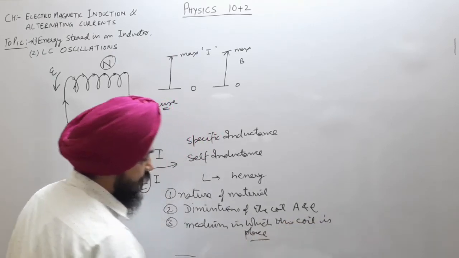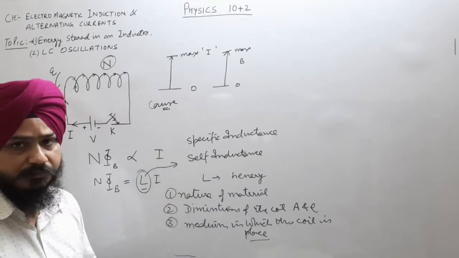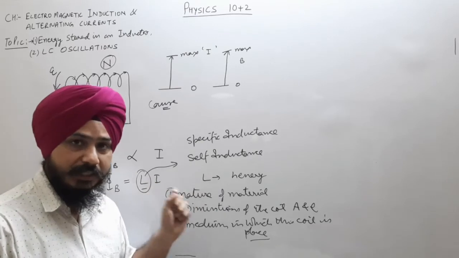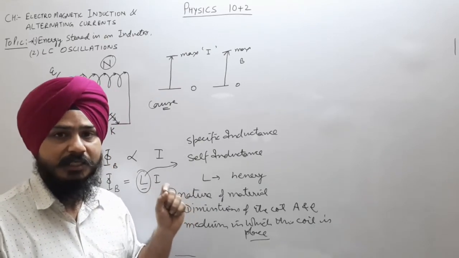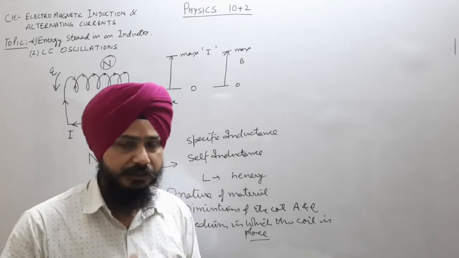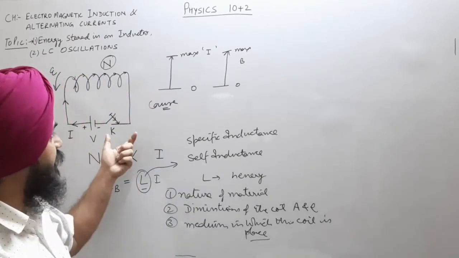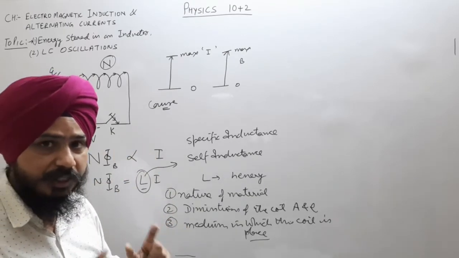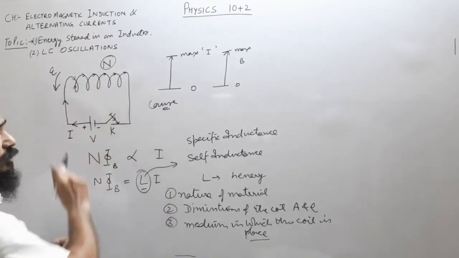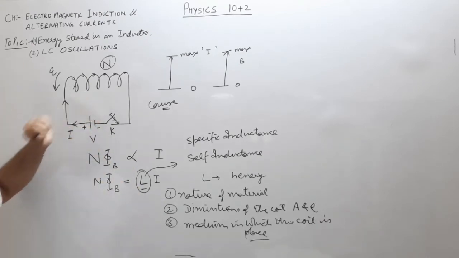So what does this mean? This means the self-inductance of the coil will directly depend upon the magnetic permeability of the medium in which this coil is placed. Now let us do some mathematical work to calculate the energy stored. Which type of energy? It is the magnetic energy which gets stored in this inductor.